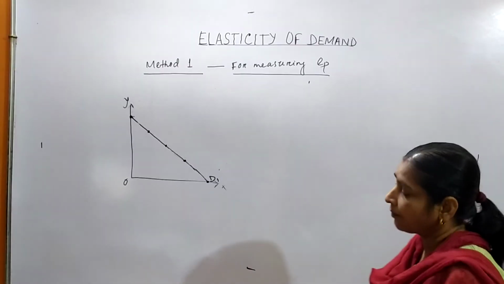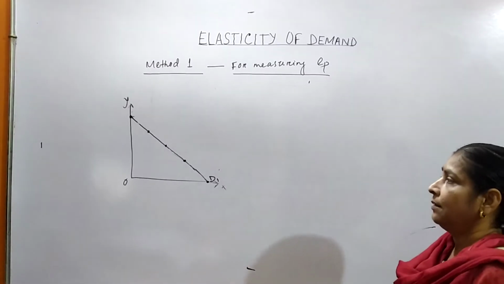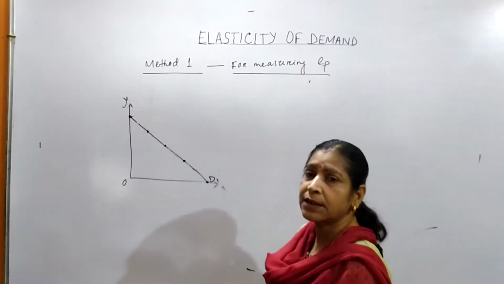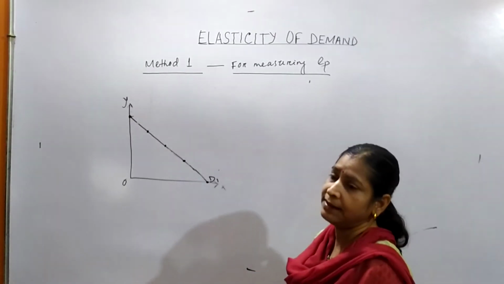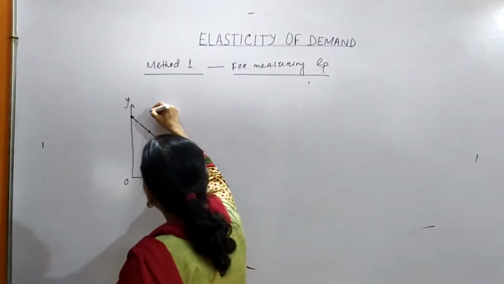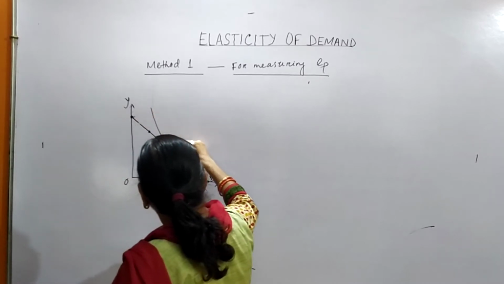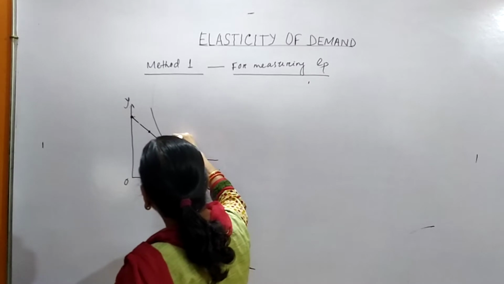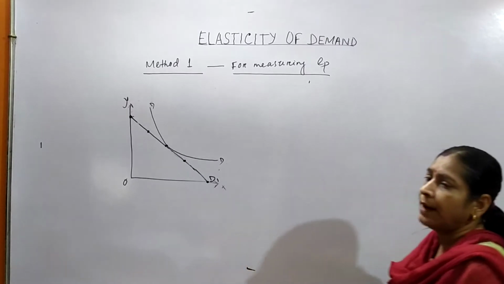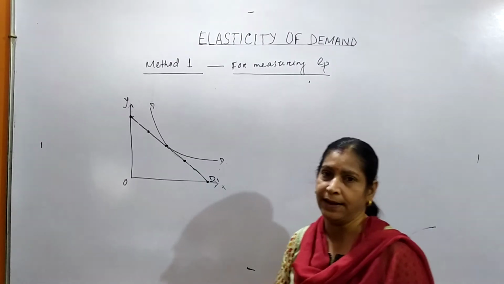In this diagram, I will make you understand how we will calculate elasticity of demand on a non-linear demand curve. That means curvature in shape. If the demand curve is a curve, this is known as a non-linear demand curve. Suppose this is a non-linear demand curve D. Suppose we have to calculate price elasticity of demand on this non-linear demand curve.